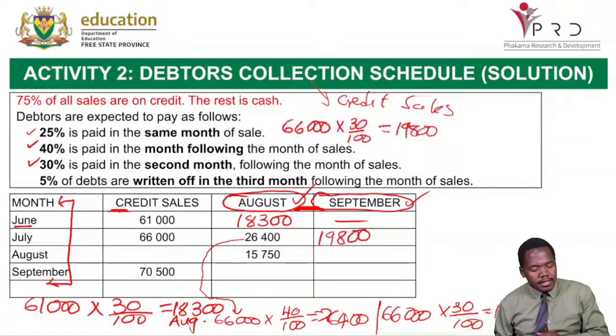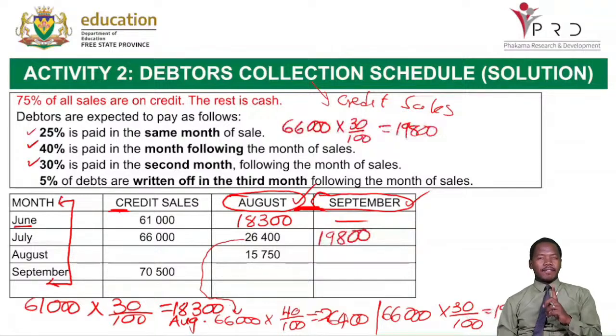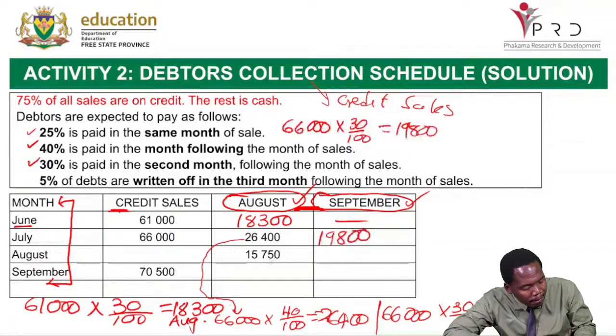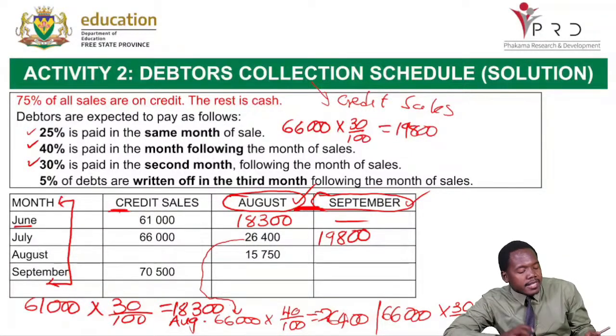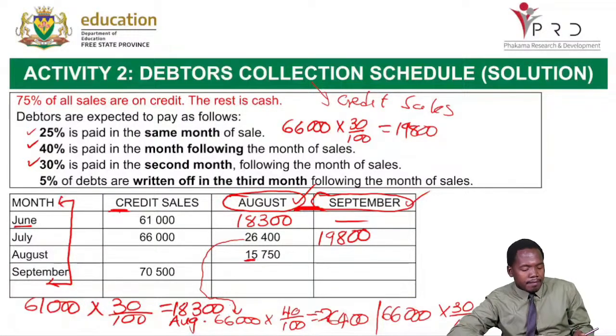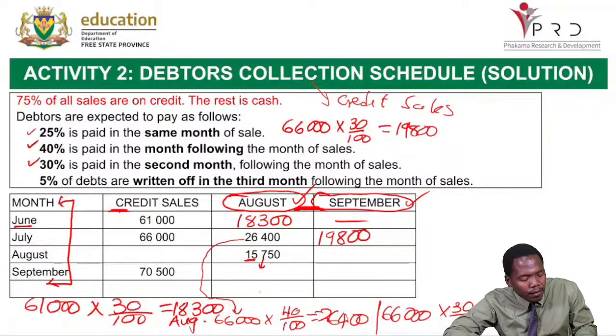Now, August. August is very interesting because we are not given the credit sales, but we're given the amount that is collected in the month of August. So it will be easy. Now, let us remember, when I sell in August, I start collecting in August. Meaning 15,750 is the collection for August.